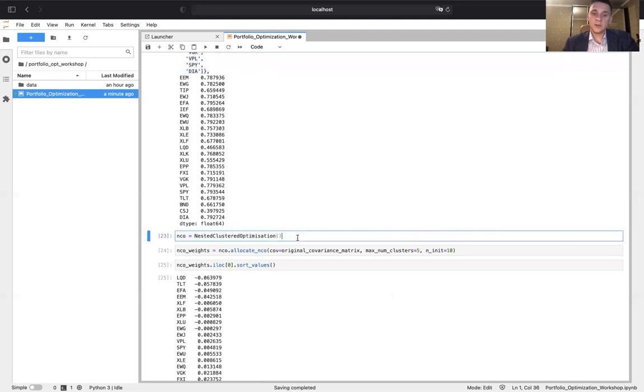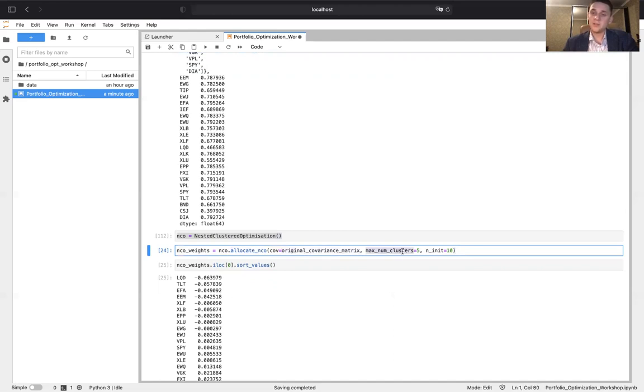So now let's take a look at how nested clustered optimization works. We initiate nested clustered optimization, which we import from the Portfolio Lab package. And we just create NCO weights by calling the NCO allocate NCO method, which takes your covariance matrix as input, and your maximum number of clusters.